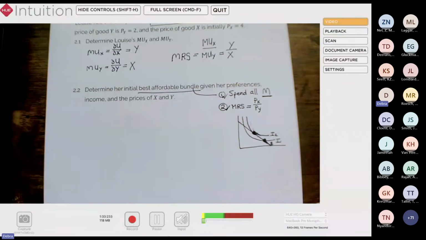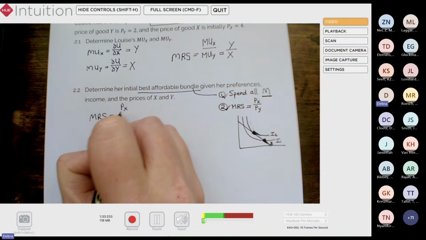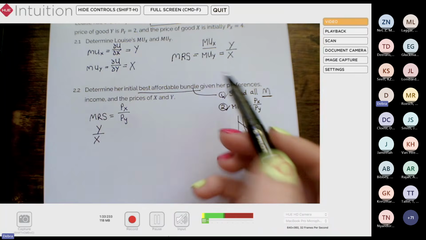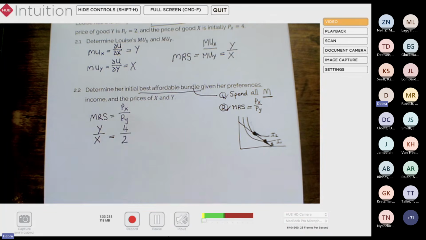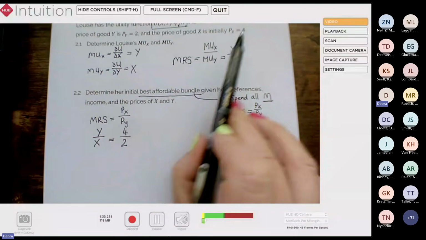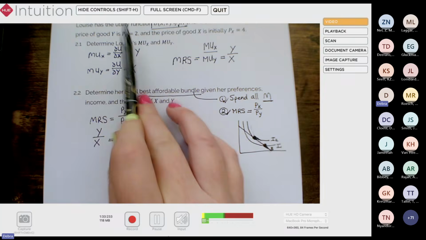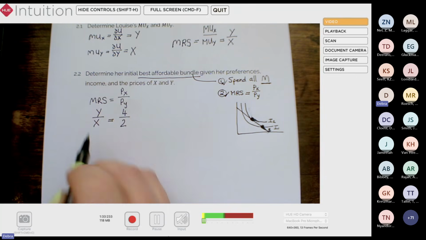It has to satisfy that MRS equals price X over price Y, which means y over x, my marginal rate of substitution, must be equal to 4 over 2, the price of X over the price of Y. If I rearrange this, I get that y is equal to 2x.